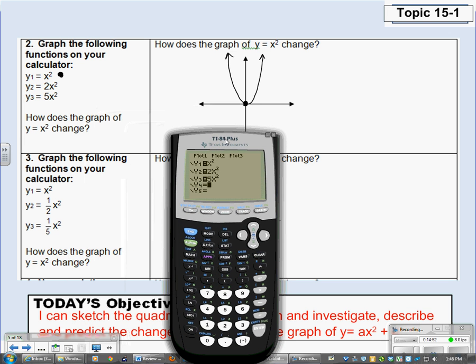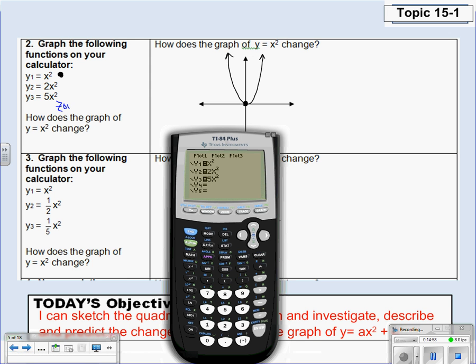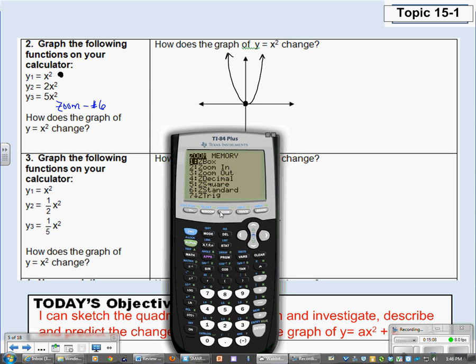I want you to add something to your notes. What you're going to add to your notes is you're going to hit the zoom button and then the number 6. Let me show you what happens when you hit the zoom button. Number 6 stands for, you see it says zoom, and you want a standard window.